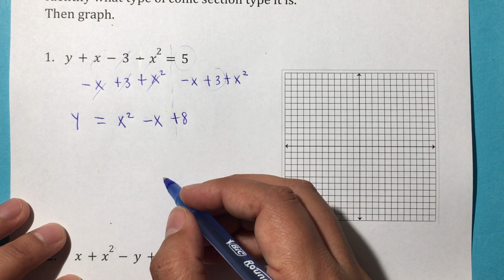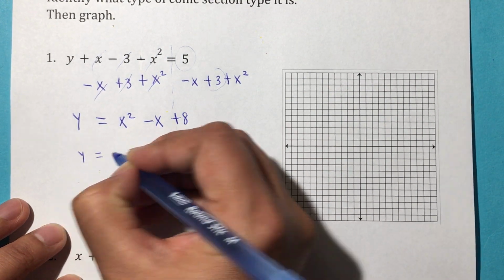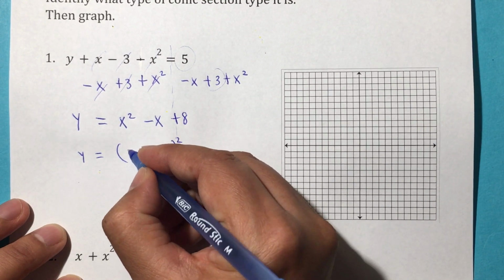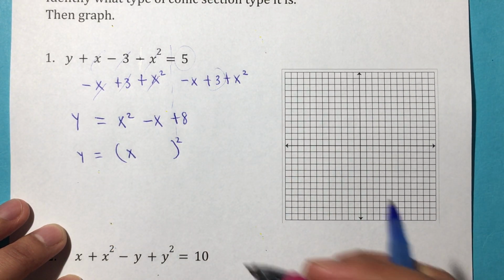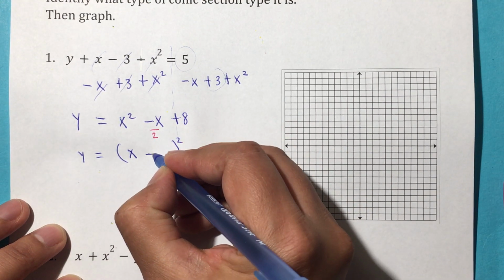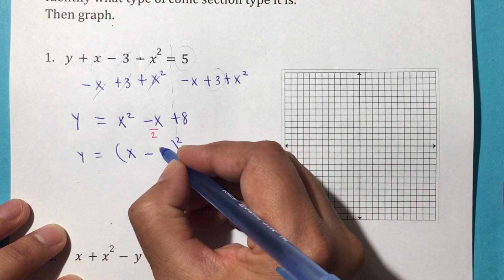Now we're going to complete the square. We bring down x, and if you recall from previous lessons, we divide this by 2. So negative 1 divided by 2 is negative 1/2.